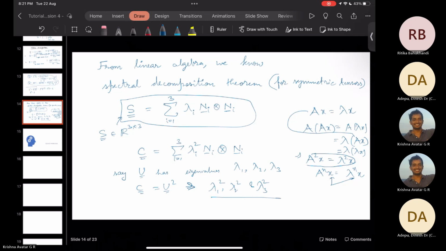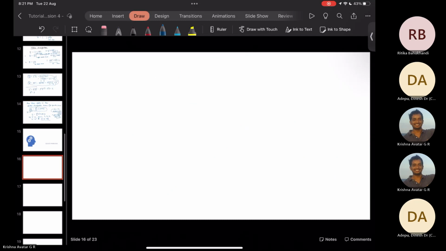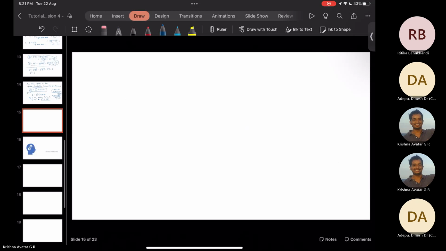Okay, let me explain the process of decomposing it. So the question is, how do we find F is equal to RU, isn't it?